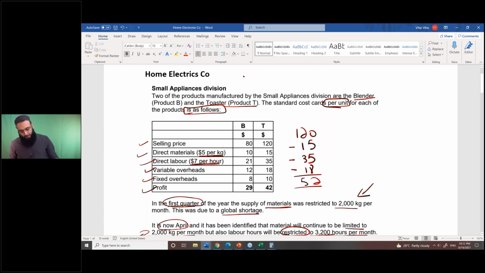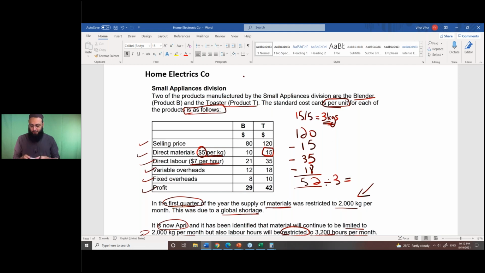Now, how many kgs does T require? It's simple. 15 is the cost and rate per kg is 5. So 15 divided by 5 is 3 kgs. So 1 unit requires 3 kgs. This is what I've worked out. So 52 divided by 3 will give me the answer.